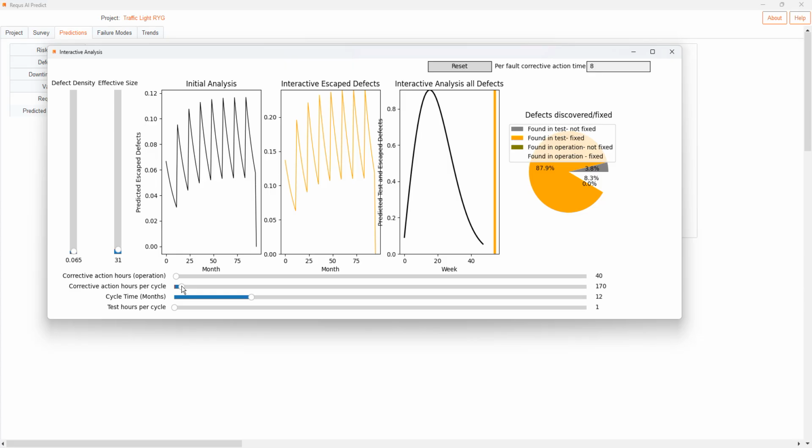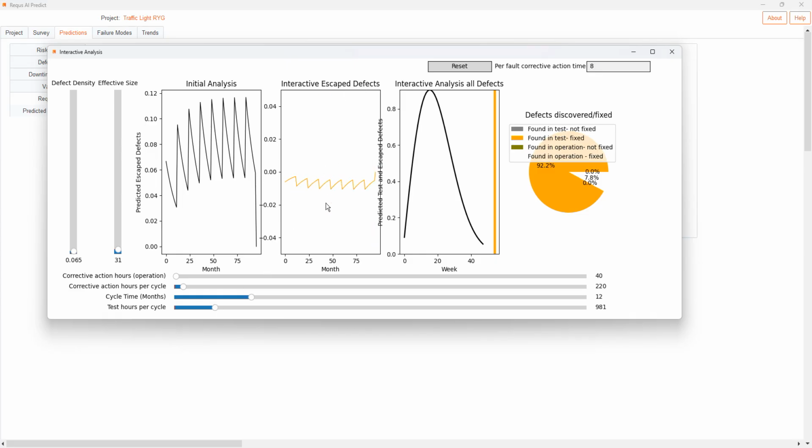So if we move the slider, we can see right around 180 hours is about what we would need to fix all of them found in testing. And we can see the test hours per cycle here and the effect that that has. Oh, we can see that affects our interactive escape defects up here.